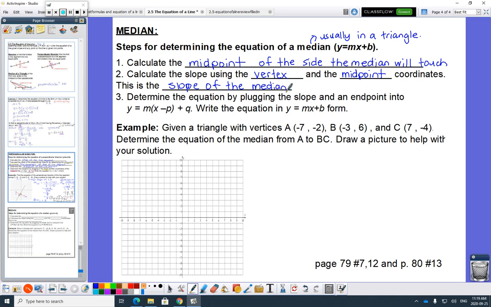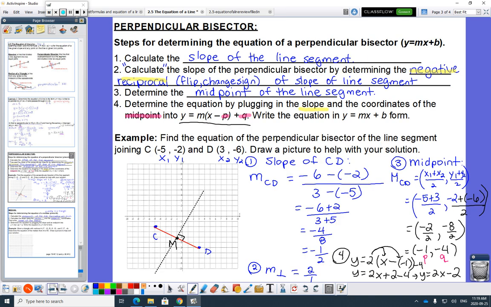This time, the picture is very important and will help you visualize it. And then we're going to use the slope and endpoint. This time we have two that we can use for our P and Q. Let me just see what colors I did over here, the highlights. Slope was yellow.